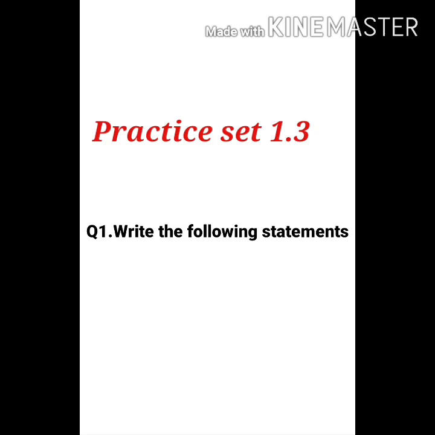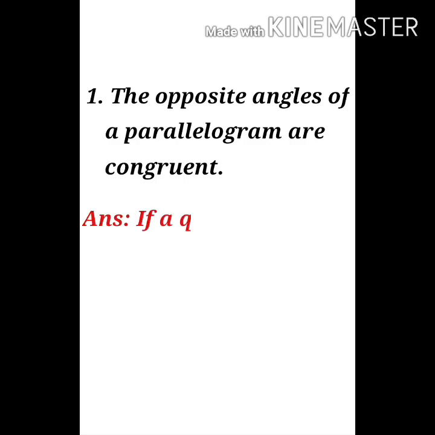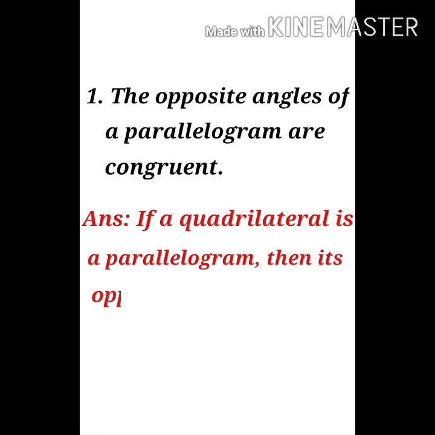First question: the opposite angles of a parallelogram are congruent. Its conditional statement is: if a quadrilateral is a parallelogram, then its opposite angles are congruent.